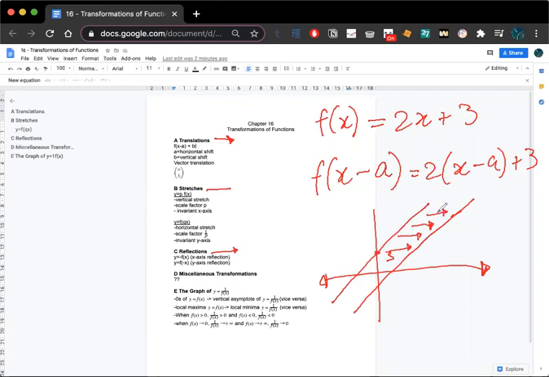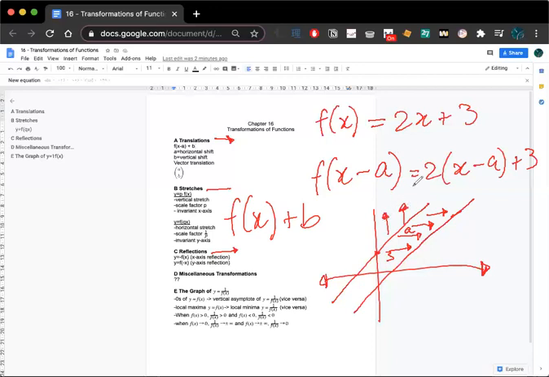The change of the shift would be denoted by a, which is the horizontal shift. Then if the function experiences a change like f(x) plus b, it would shift upwards.